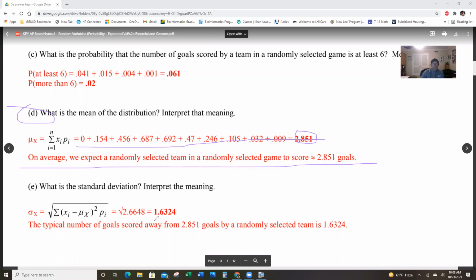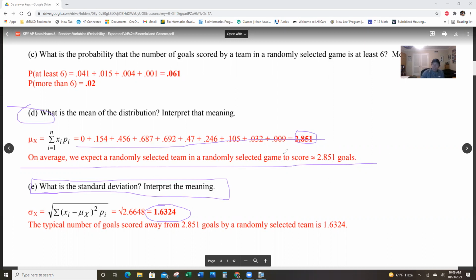The next one is, what is the standard deviation? Interpret the meaning. This problem is awful. It's not hard, but because I have 10 items, it's super long. And this is the answer right here. Okay, I'm gonna go ahead and slide back to the top, and I need to see the chart.